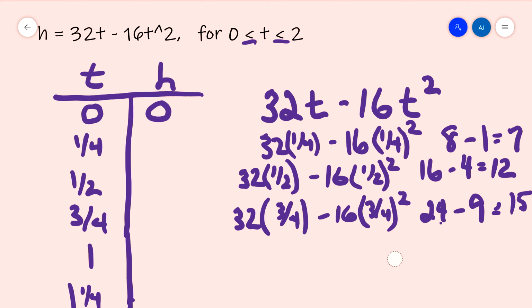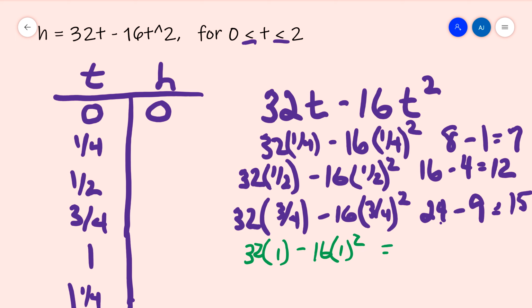Let's make some room here for the 1. And how about it? Let's change our color. So this is 1, so this is just going to be 32 times 1 minus 16 times 1 squared. Well, that'll be a little easier.